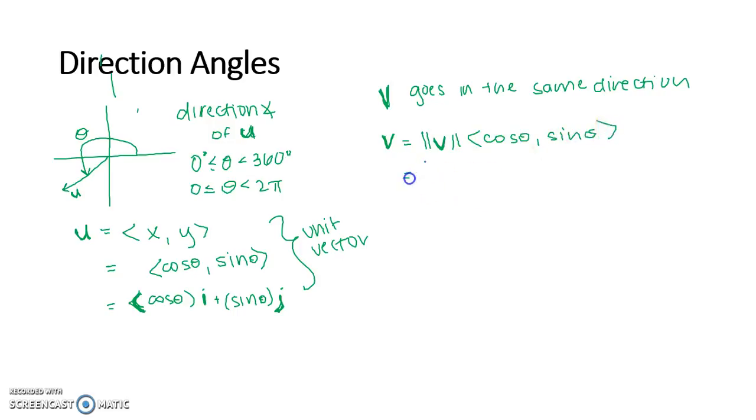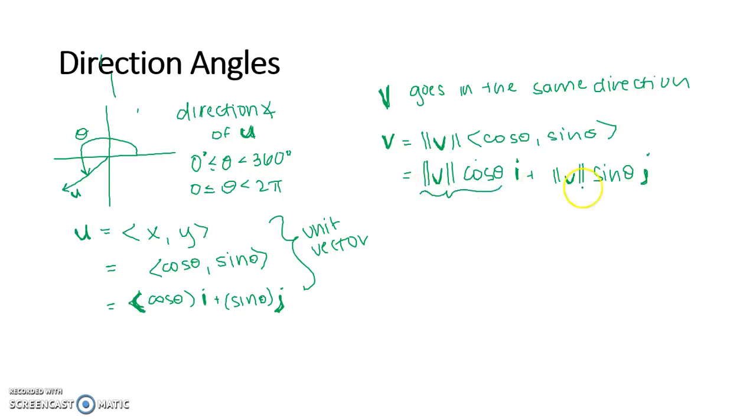If it's in that linear combination, you're still going to take that magnitude of v and multiply it by the cosine of theta times i, and sine of theta times j.